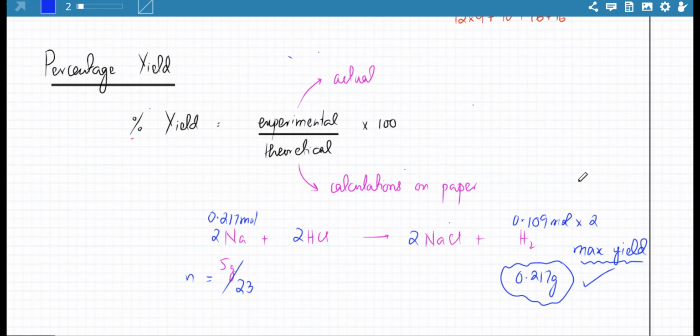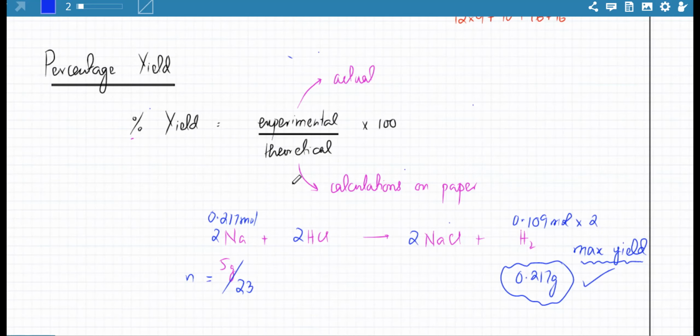So first thing, whenever you hear the term maximum yield, that's the theoretical one. That's the one that you get on your calculator. If the yield is 70%, that means whatever you calculated, you're just going to get 70% of that in reality. Similarly, if you get a yield of 20%, that means whatever you have calculated, in reality you're going to get 20% of that.